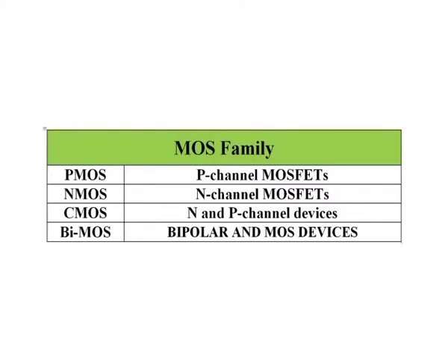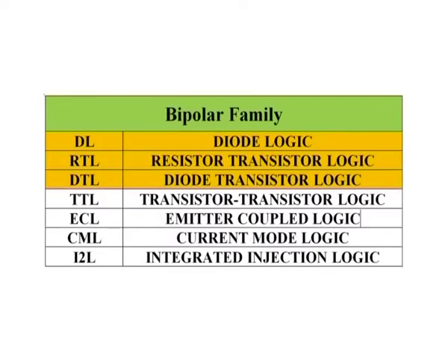Of all the logic families listed, the first three, that is diode logic, resistor transistor logic and diode transistor logic, are of historical importance only. Diode logic used diodes and resistors and in fact was never implemented in integrated circuits.